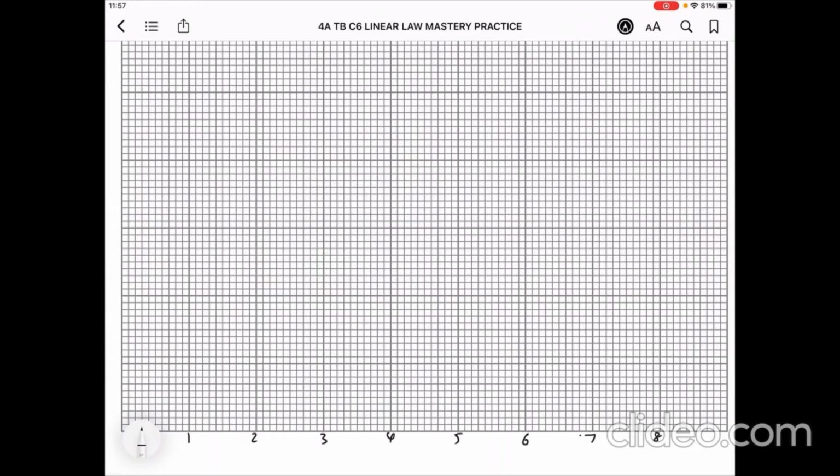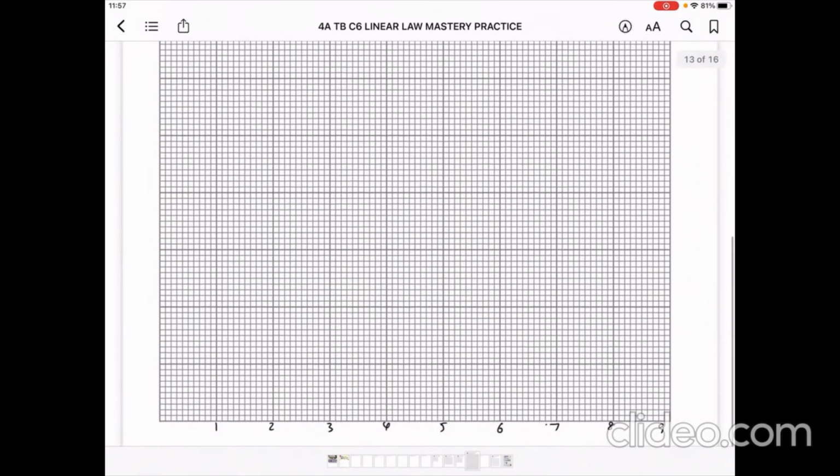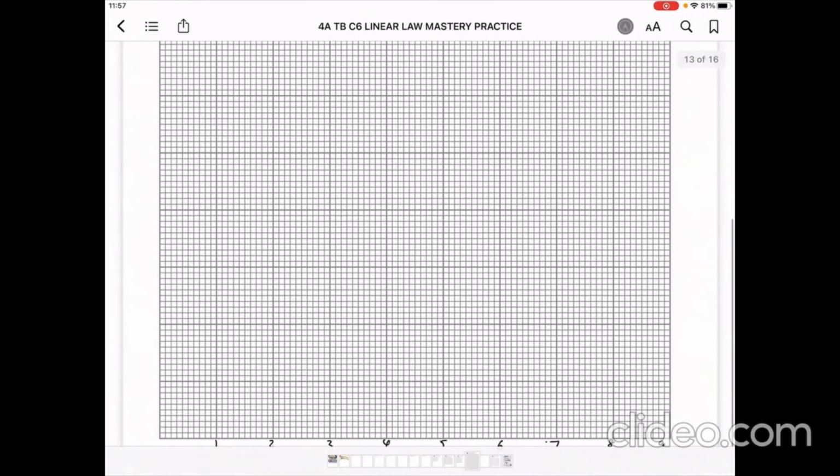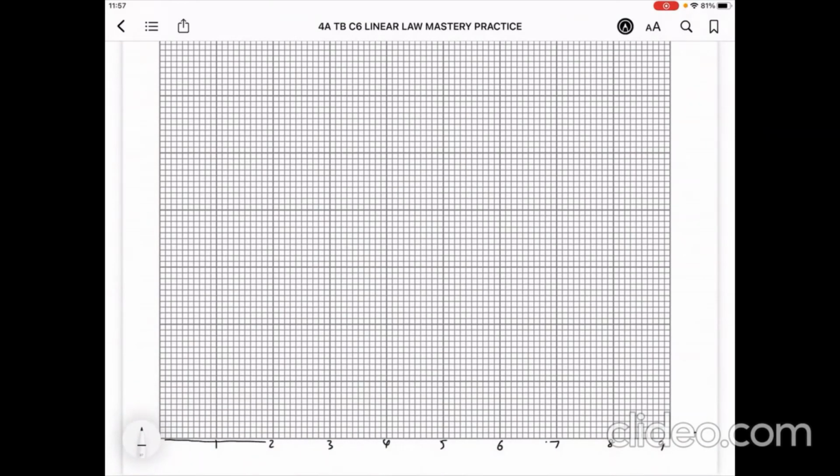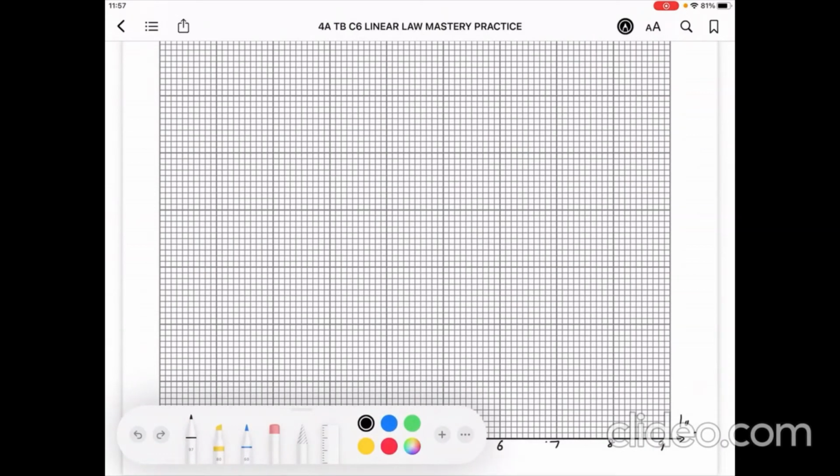Maximum is 9. Wow, I really don't have a lot of space here. So yeah, you can draw a, okay, I think don't need to use a ruler, just freehand. Okay, this is just x. Your horizontal is just x.